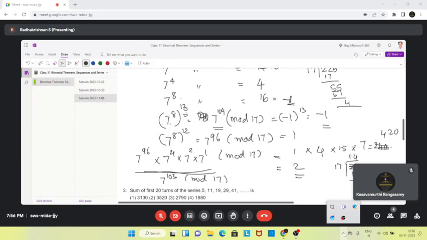So 420 when we divide by 17, 2 17s are 34, 80. Again, no, 4 17s are 68, remainder 12. So the remainder is 12. So this is your answer.